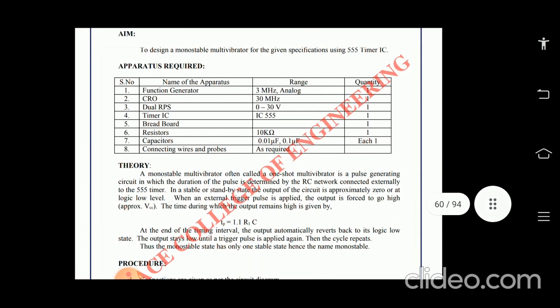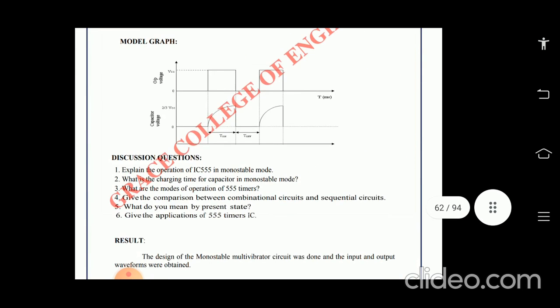First we need to design it, and after that we need to get the output, and from the output we need to measure the amplitude and the time period of the waveforms: one is the trigger input, the second is the output voltage, and the third is the capacitor voltage. Okay, hope you understand the circuit and the experiment operation, and thank you.